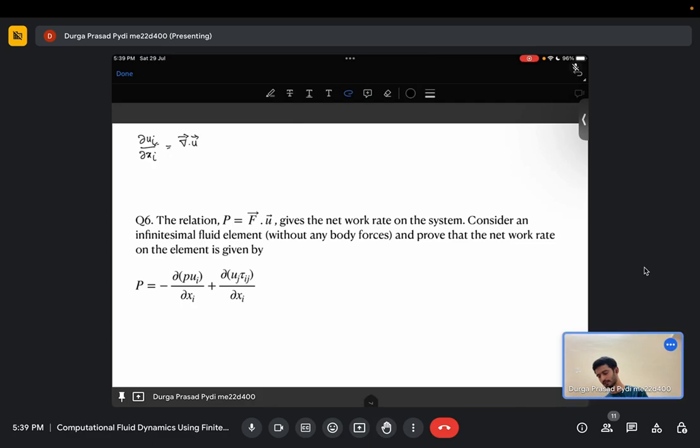The index ui means a vector ui î plus uj ĵ plus uz k̂, and the index i runs from 1 to 3. In tensor notation, if there is a repetition of indices, it means you have to do the summation over all of them. So this gives you ∂ux/∂x.